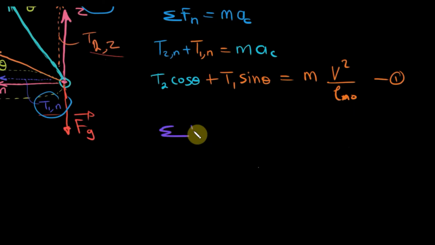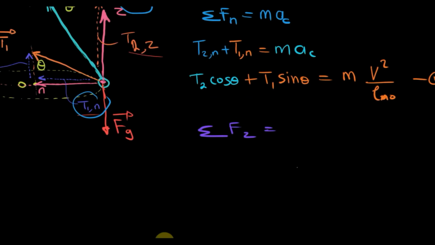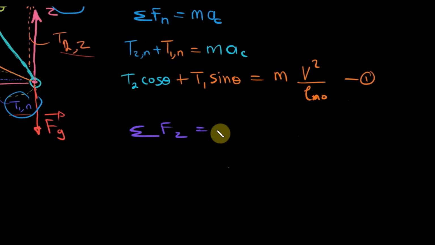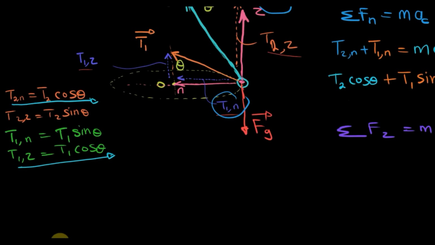So summation of forces in the Z direction is equal to, well, in the Z direction, the ball is not moving up and down, so there is no acceleration in the Z direction. So it will be mass multiplied by 0. Therefore, this reduces to summation of forces in the Z direction is equal to 0. But we do have components in the Z direction. We have T1Z and we have T2Z.